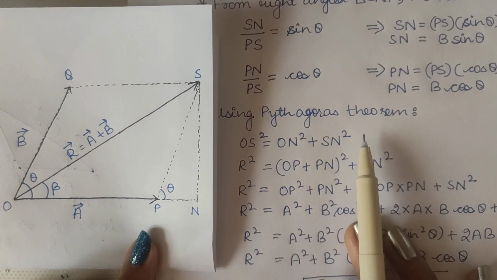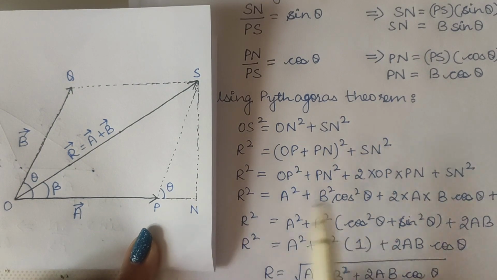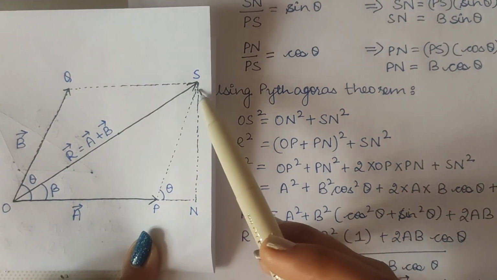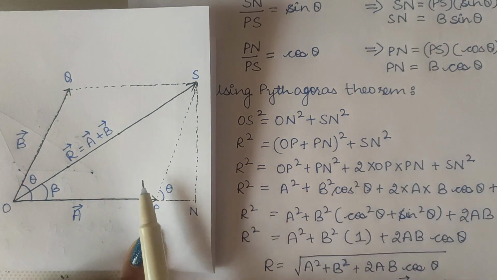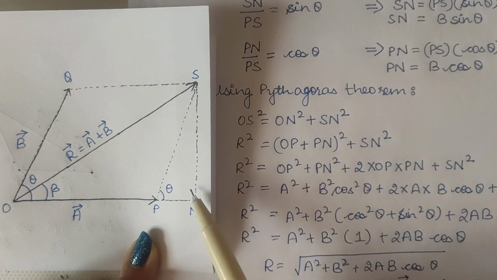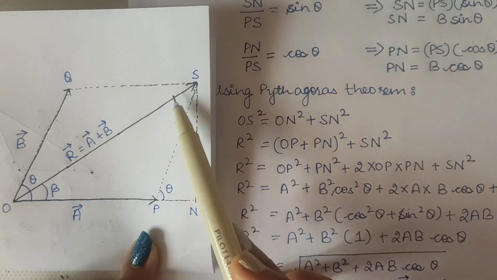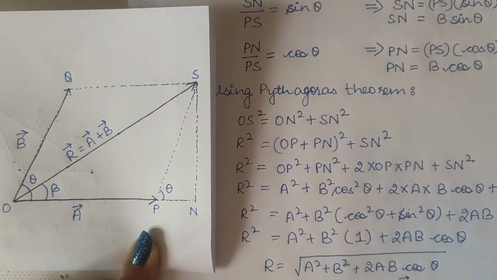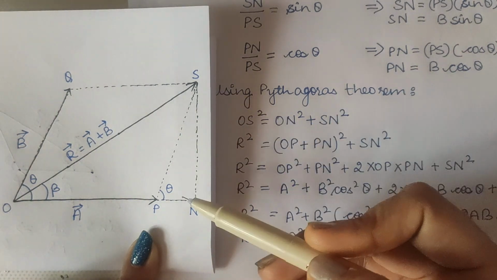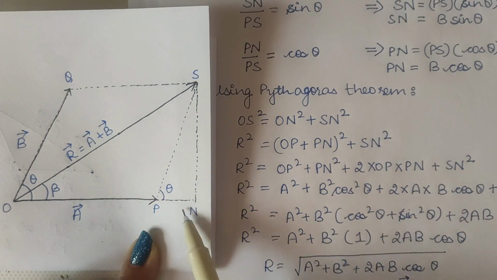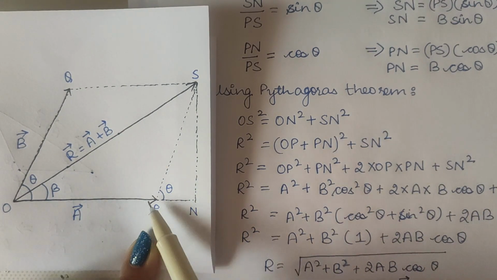Now we are going to apply Pythagoras theorem in the bigger right angle triangle ONS. So according to the Pythagoras theorem, hypotenuse square is equal to base square plus perpendicular square. So hypotenuse is OS. So OS square is equal to base, which is ON square, plus perpendicular, that is SN square. Now ON can be represented as OP plus PN.